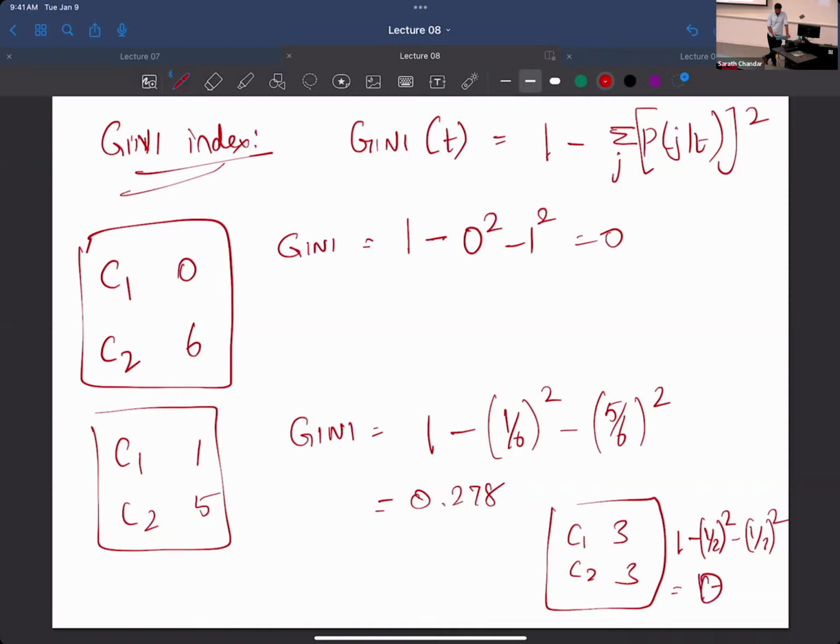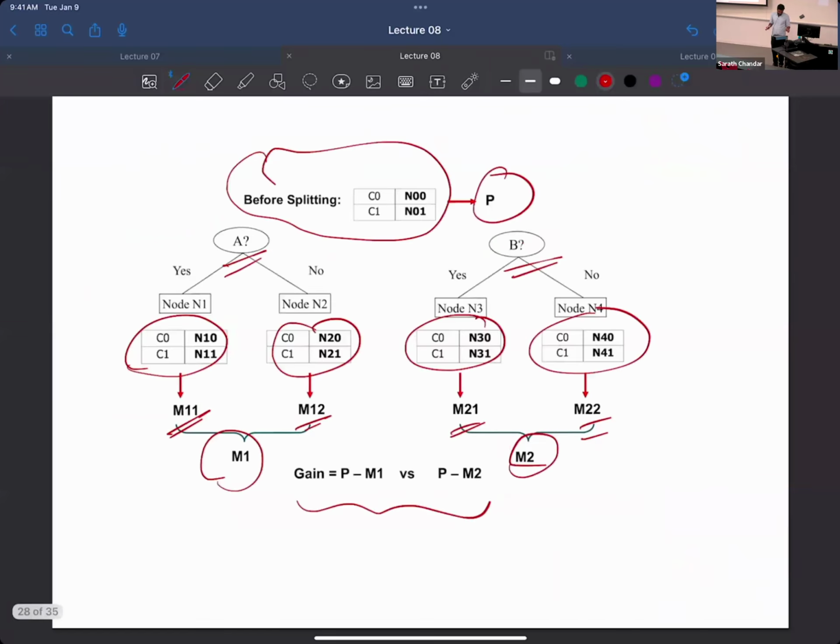It's going to be half, right? So 0.5. So this means that the range of Gini is between 0 to 0.5. When it is completely homogeneous, it's 0. When it's completely heterogeneous, it's 0.5. Everything is in between. Is that clear? So now let's go back here.